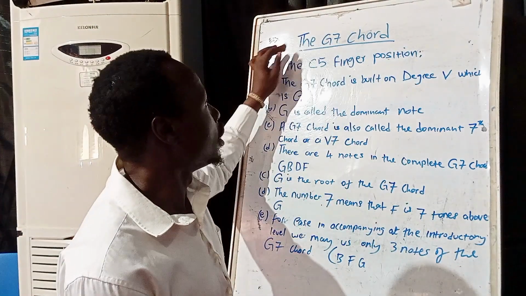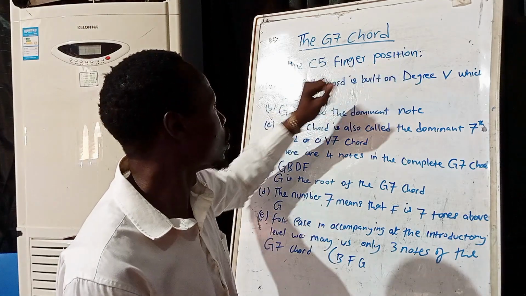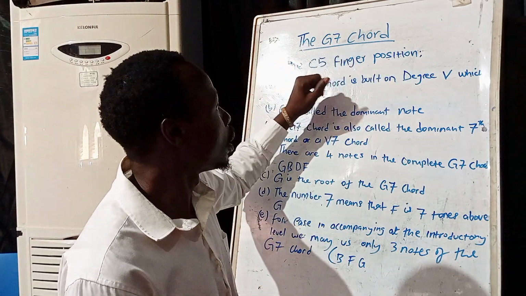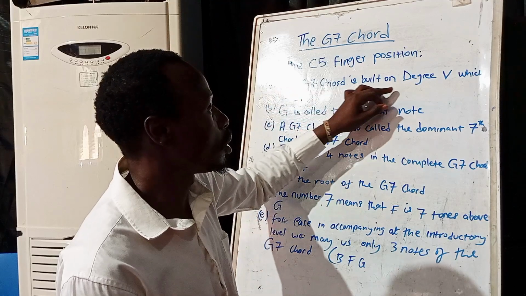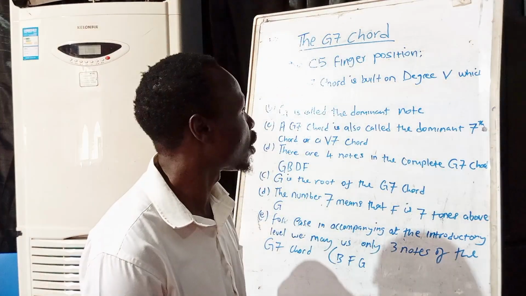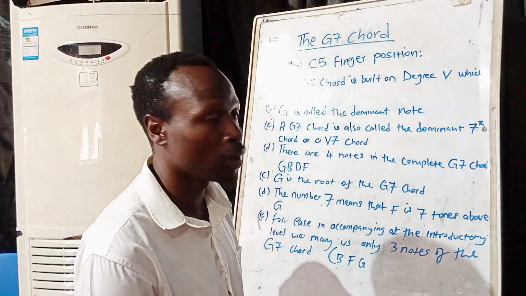So the G7 chord in the C5 finger position is built on degree 5.